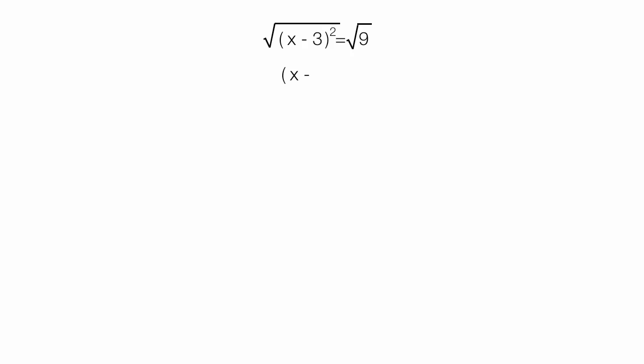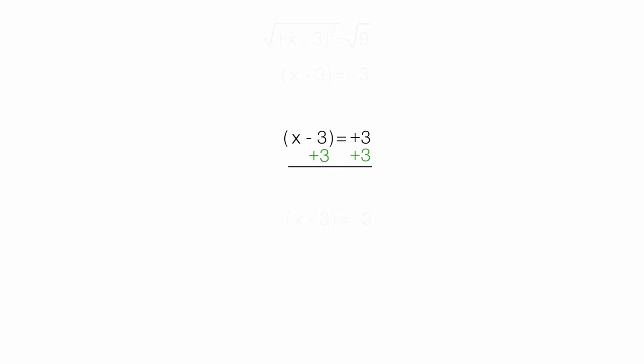So I have x minus 3 on the left-hand side, and this is equal to plus or minus 3. So now I have x minus 3 is equal to plus 3, and x minus 3 is equal to minus 3. Now I'm going to solve for x, so I add plus 3 to both sides of the equation to get rid of the negative 3 on the left-hand side, which gives me x is equal to 6, which is one solution.